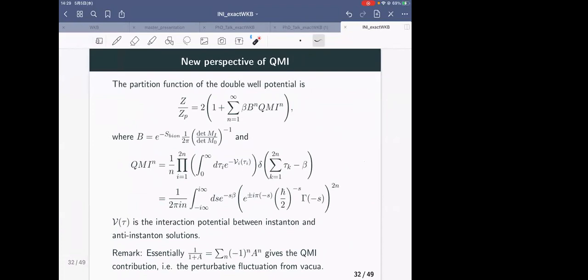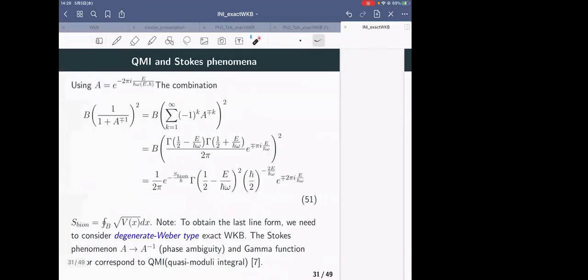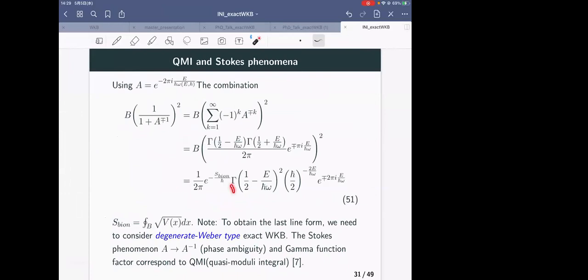And also, especially, this GAN function is coming from this quasi-modular integral. But this GAN function is basically coming from this factor.